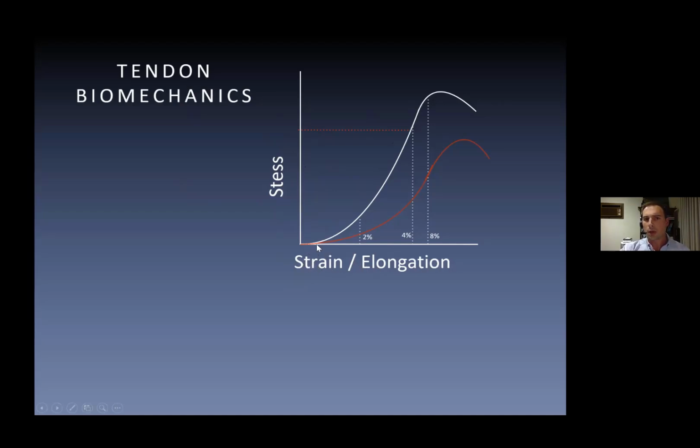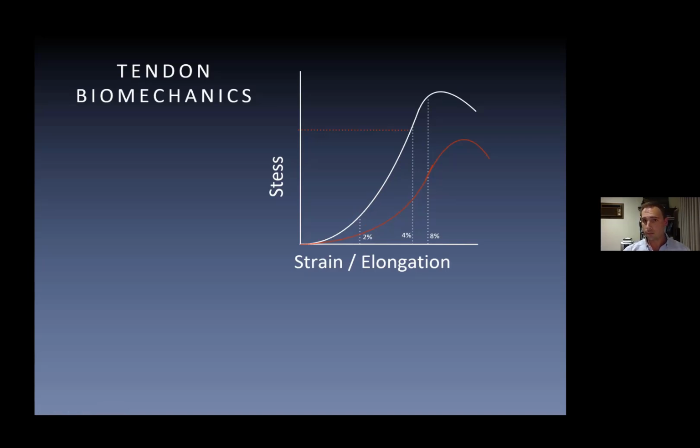So as we apply a load to a tendon, up to about 2%, the tendon is uncrimping. It's going from a relaxed state to a taut state. From about 2% up to 4%, it's operating in the elastic zone. This is where, when the load is taken off the tendon, it's going to return that energy, and it's also going to return to its prior length.